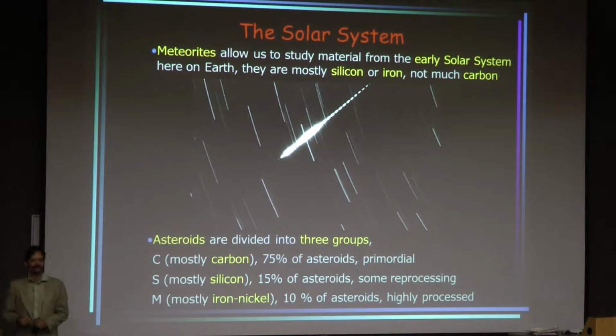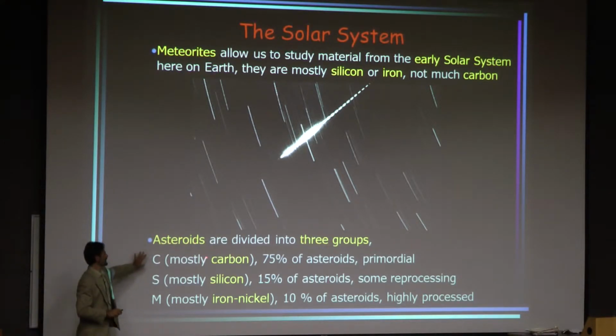Most of them are there. But if they smash together and turn into smaller fragments, then you can get meteorites, which can be fragments of asteroids that fall into Earth's atmosphere. But that's not the only way you get meteorites. You also can get them from comets that have decayed away.